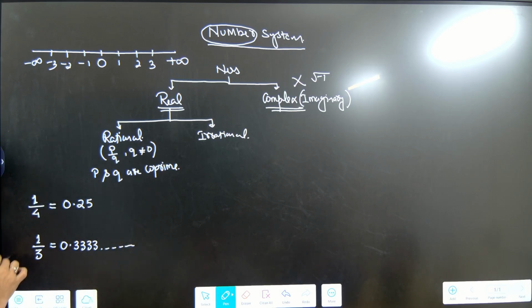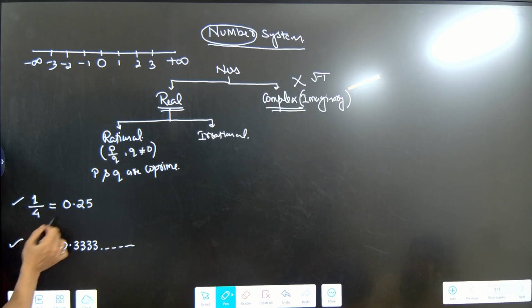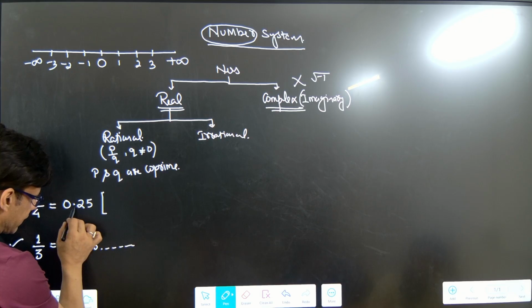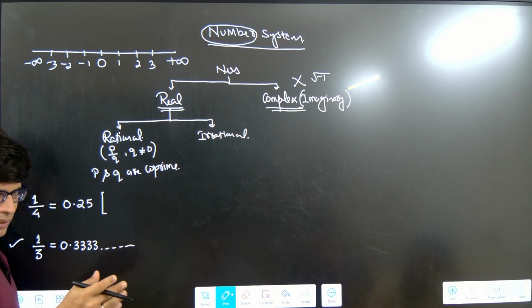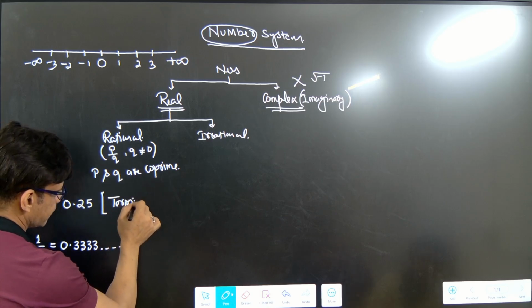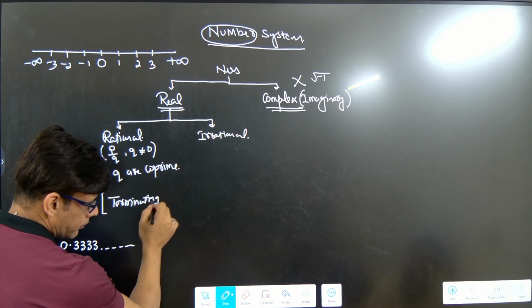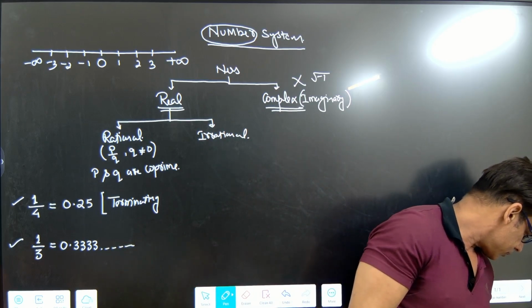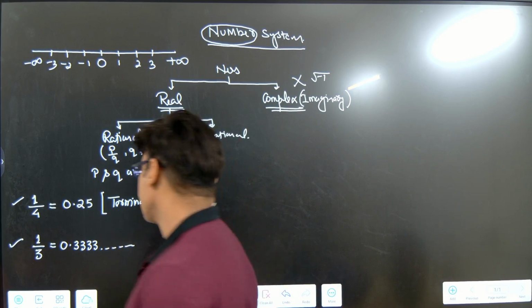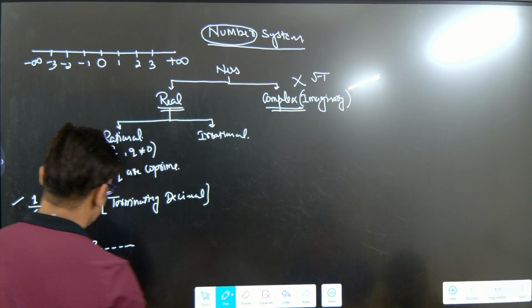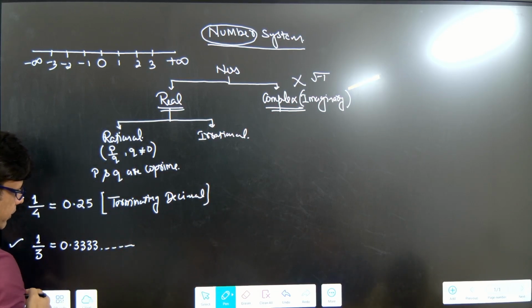See these two numbers, there is a difference, right? What is happening here? It's coming to an end. After 0.25 you simply can write 000 only, right? So this is called terminating decimal. That means it terminates after some point of time.